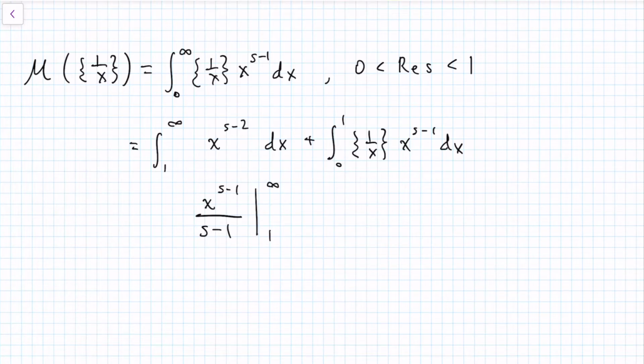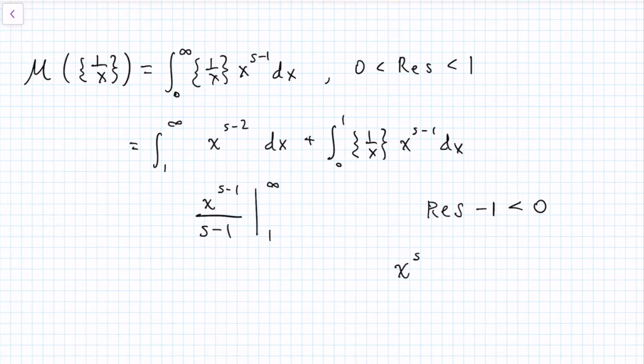Plugging in infinity is a little problematic, but it has to do with the fact that since the real part of s is assumed to be less than 1, the real part of s minus 1 will be less than 0. So in other words, we have a negative power.